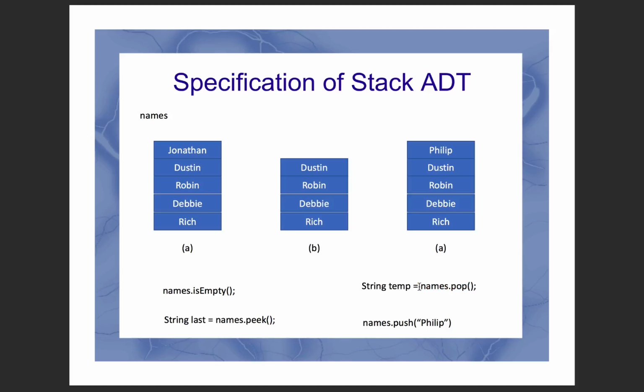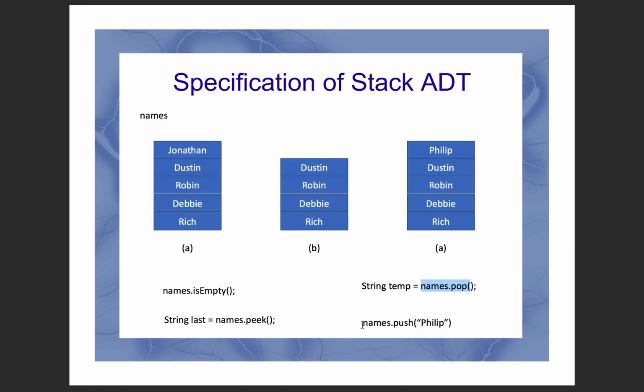So we remove it, and before removing it we return that deleted item to the temp variable. You can see that after deleting Jonathan, now there is no Jonathan. Now the top element is Dustin.